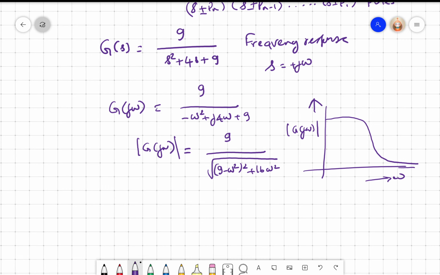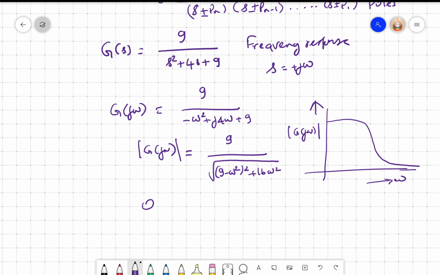We can also get the phase response. The phase phi of omega of g of j omega, we can calculate it as minus tan inverse of 4 omega divided by 9 minus omega square.